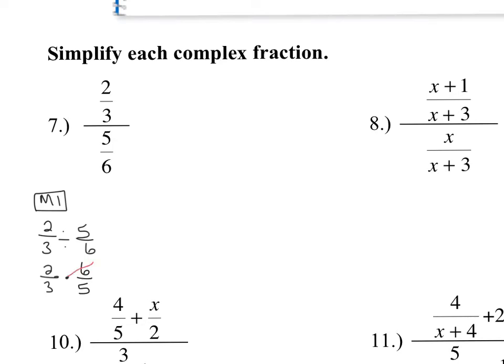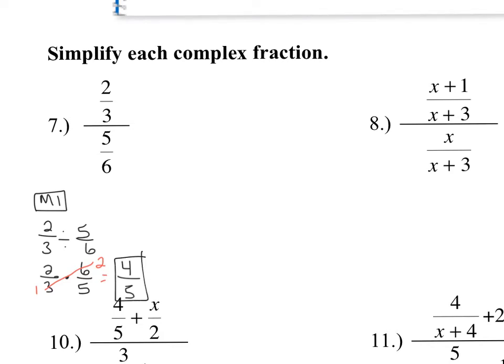So for example, I see that I can divide 6 by 3, and that will give me a 2/1. Now multiplying straight across, we have 2 times 2, so that'll be a 4 in the numerator. And in the denominator, I have 1 times 5, which is 5. So that's method number one.